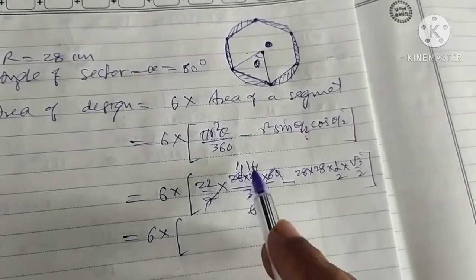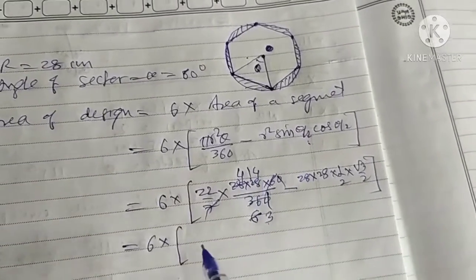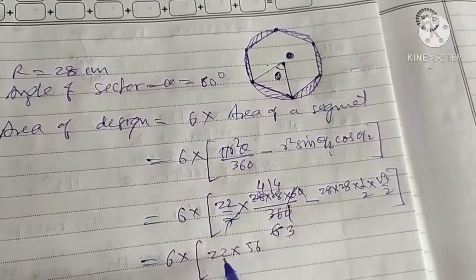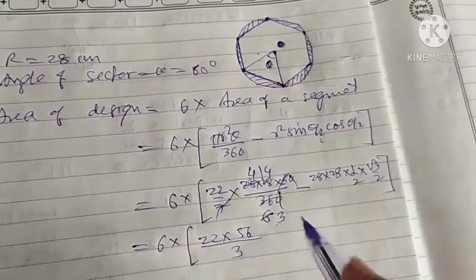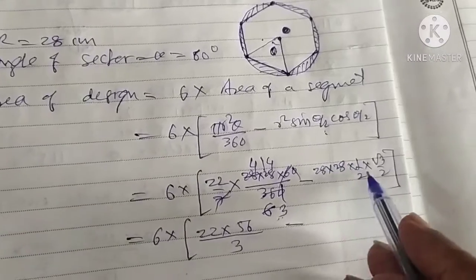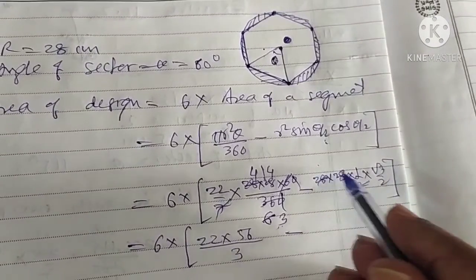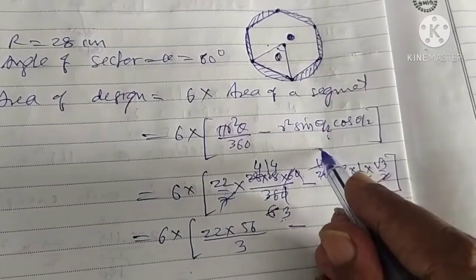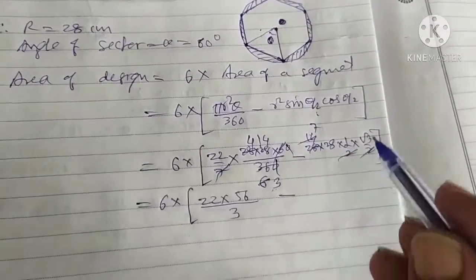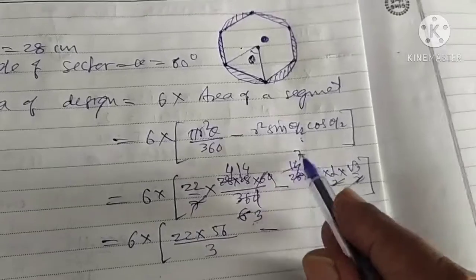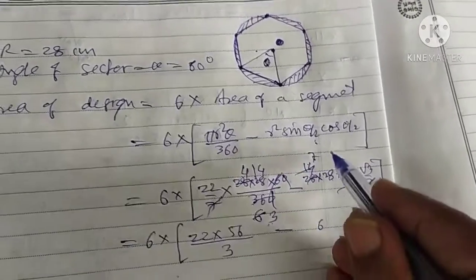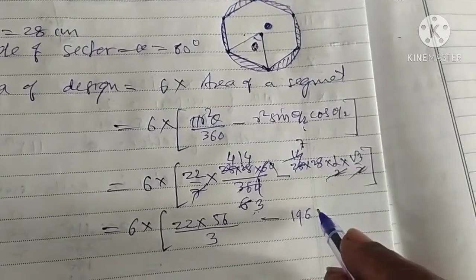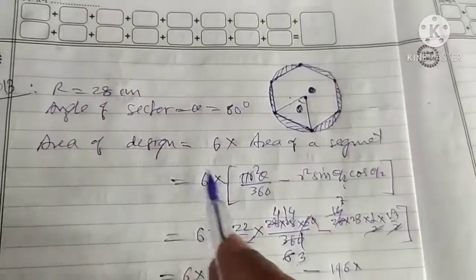Yes, now here you got 14 multiplied by 4, that is 22 multiplied by 56 upon this 3. Minus. Now again cancellation. You got 28 multiplied by 7, 196 multiplied by root 3, value given to you.